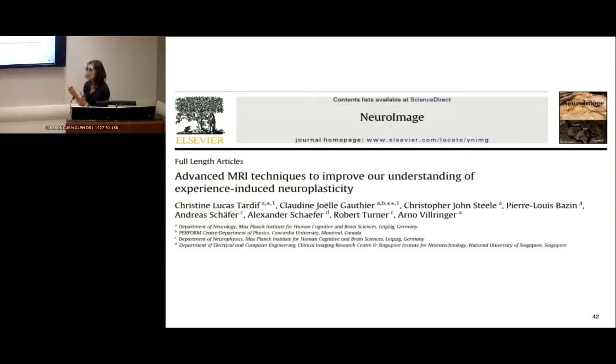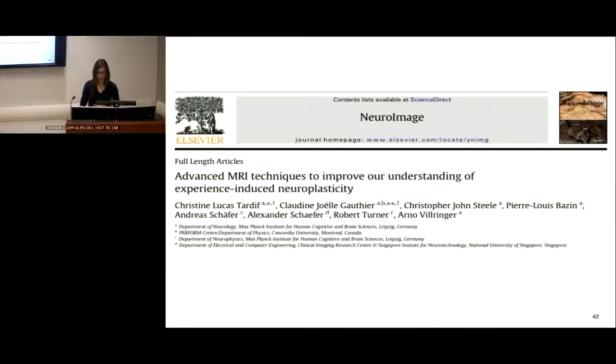One of the main points that we try to address in this review paper is that there is no direct link between the MR parameters of our tissue and the microstructural features that we're actually interested in. Okay? And I think that the MR community as a whole is deciding to address this issue by acquiring multi-modality data.